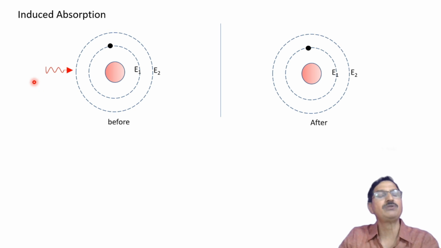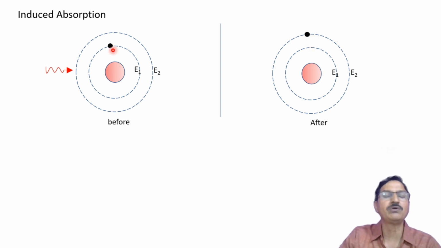there is an absorption of the photon by this atom. With this absorption, energy is increased. The electron jumps from the lower orbit to the higher orbit. Previously the electron is in the lower orbit E1, and with the absorption of the photon, it goes into the higher energy level E2.